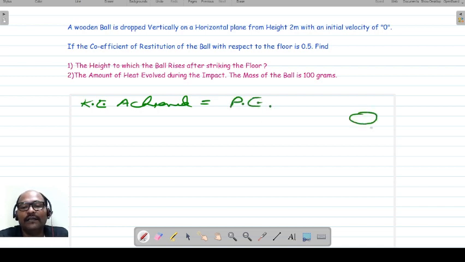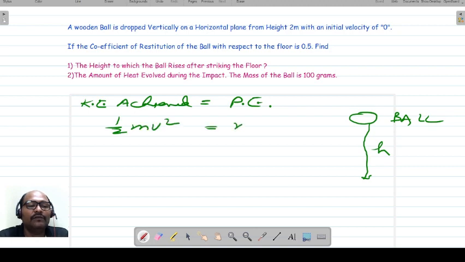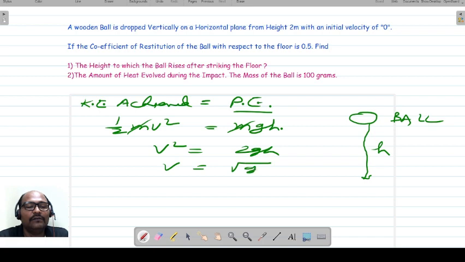If the ball is dropped from height h, then kinetic energy, half mv squared, will be equal to mgh. Here m will cancel out, and v squared can be written as 2gh, so v equals root over 2gh. And we'll calculate the velocity after the strike.